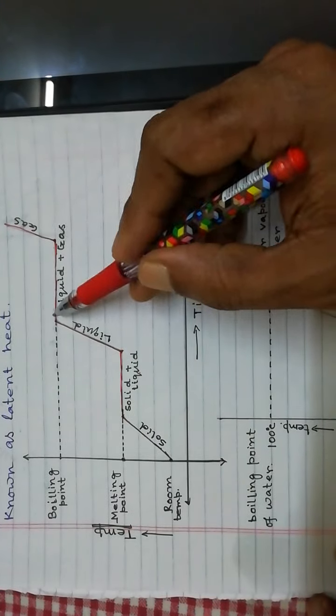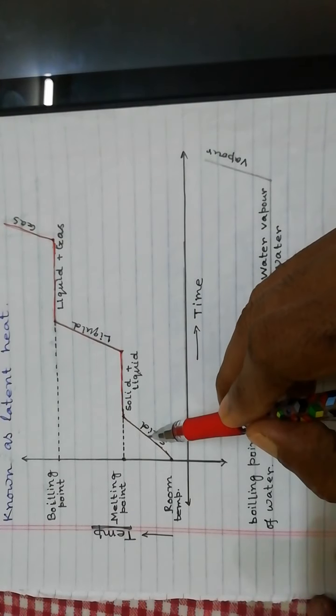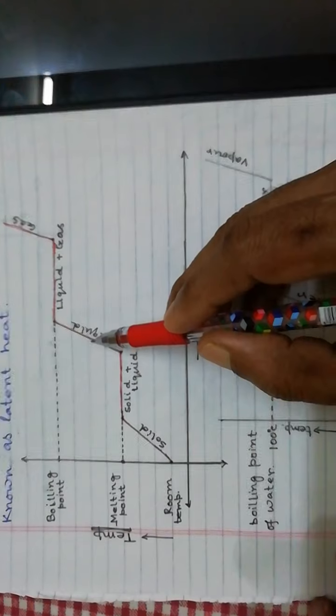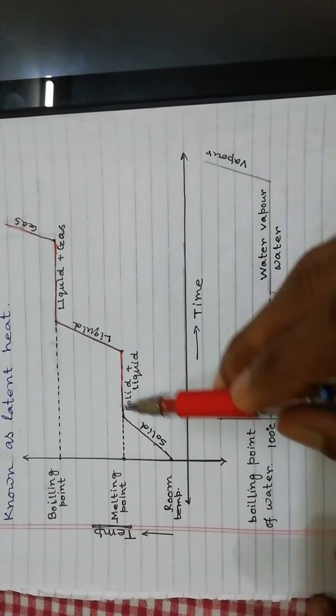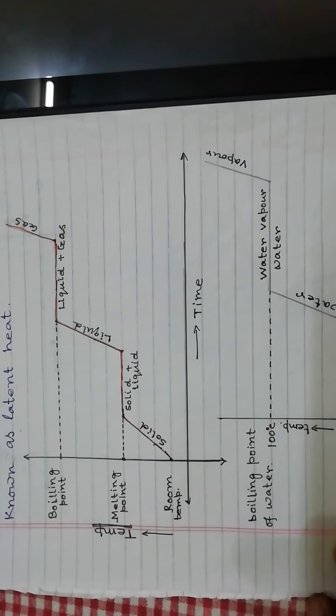Here and here, in this case time is going on, temperature increases. So in these three portions, the heats are sensible heat, but in these two cases the heat is known as latent heat.